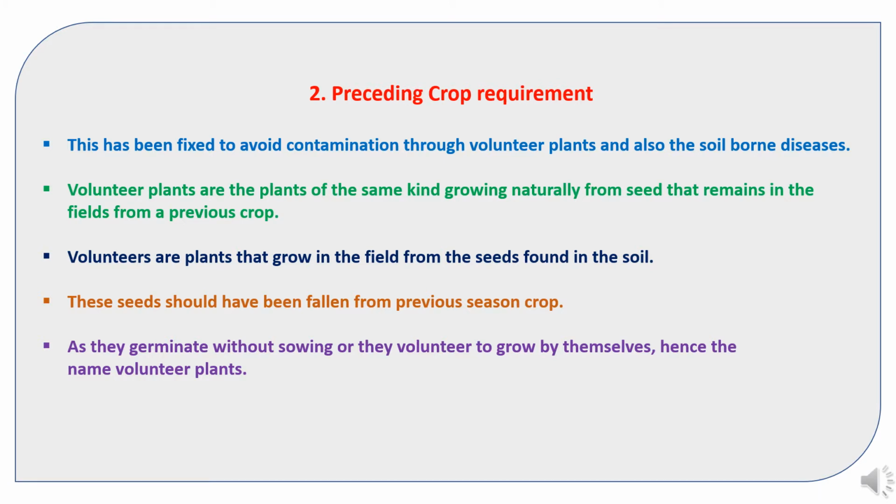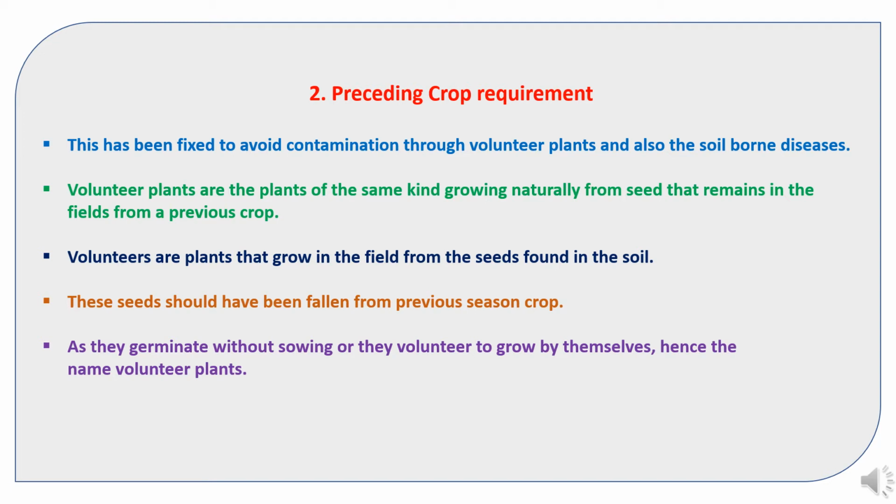Second safeguard measure is preceding crop requirement. This has been fixed to avoid contamination through volunteer plants and also soil-borne diseases. Volunteer plants are plants of the same kind, the same crop, growing naturally from seed that remains in the field from a previous crop.